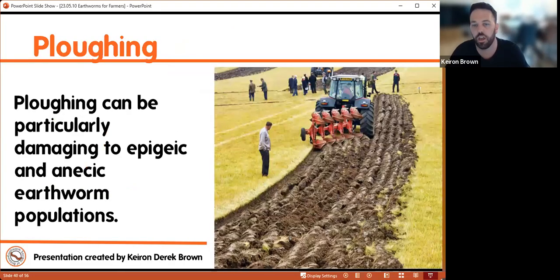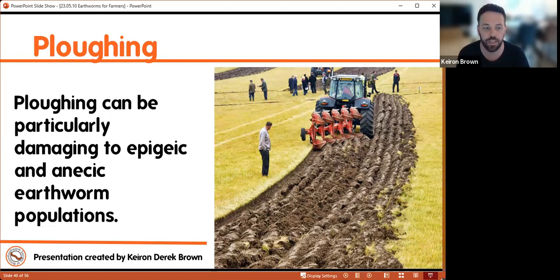It may be no surprise to anyone that ploughing can potentially damage our earthworm populations. Again, it's important to consider those different ecological categories, because the effect of ploughing has a differing impact depending on what type of earthworm it is.